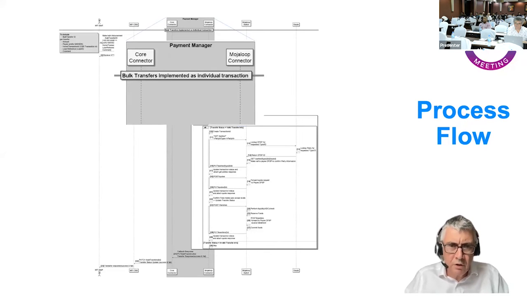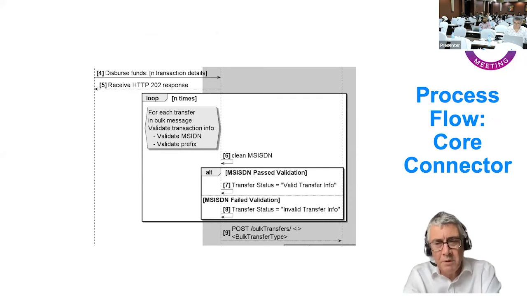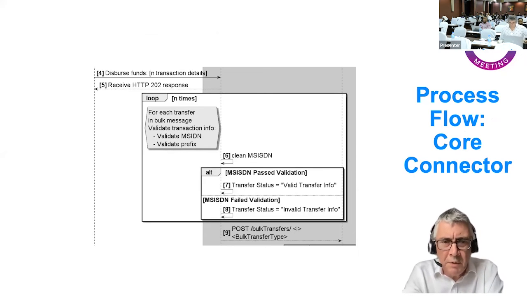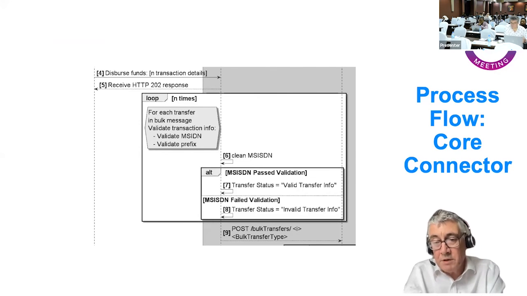So moving to the Core Connector first, zooming in on that part, we take a loan disbursement, a bulk payment request as a single message into Core Connector. We then have to do in Core Connector a validation piece where we are validating the MSISDN that we receive, because many of the MFIs, and we would imagine also NGOs and government departments, etc., are going to give us malformed MSISDNs.